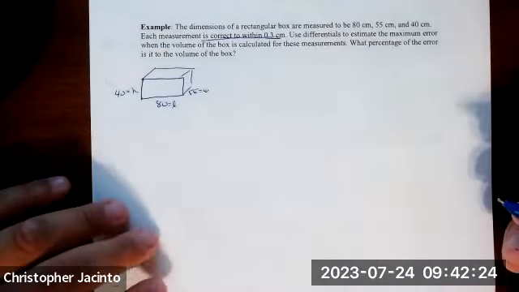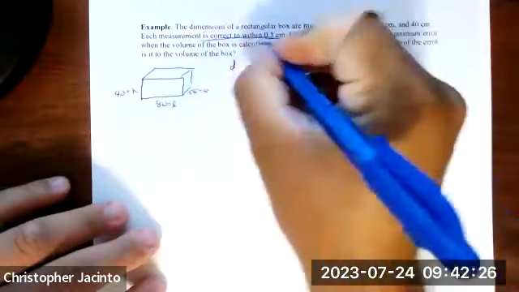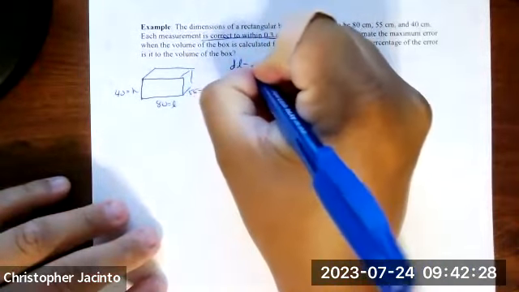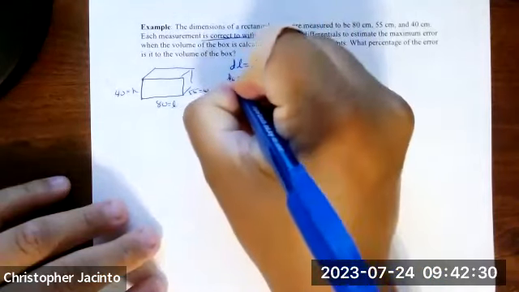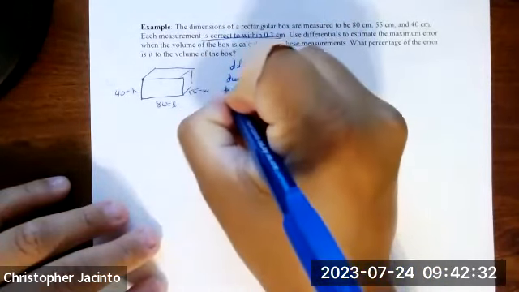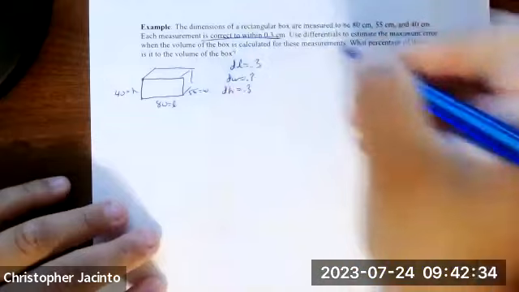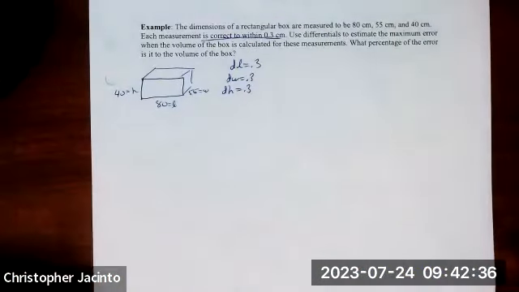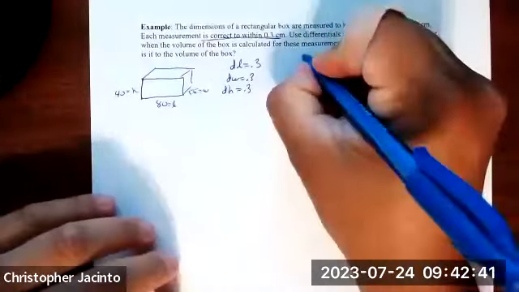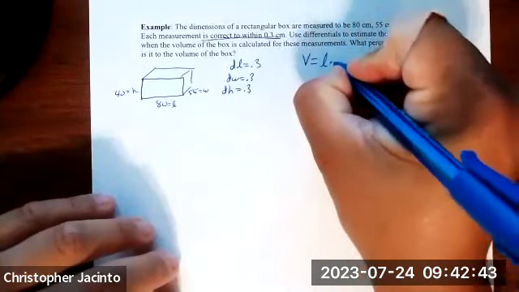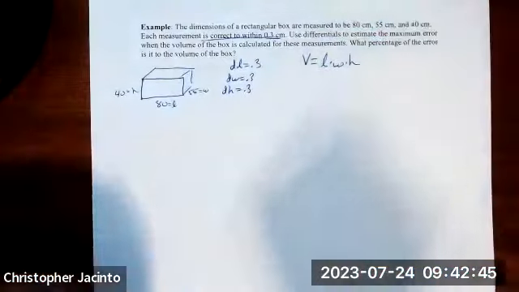All right, and it's told to us, I'll just write this down now. So DL is 0.3, DW is 0.3, and DH is 0.3, right? Because they told us all the measurements are within there. Okay, so now the volume is equal to the multiplication of all three together.